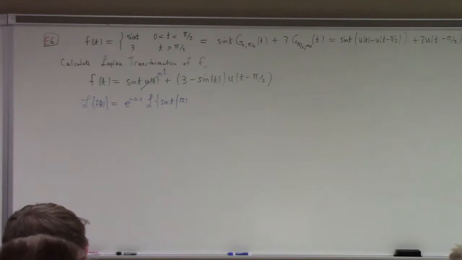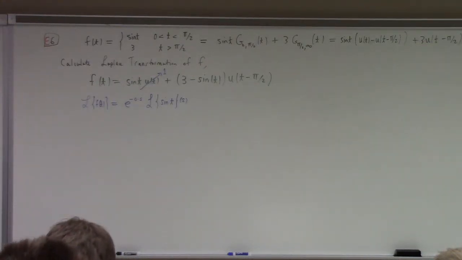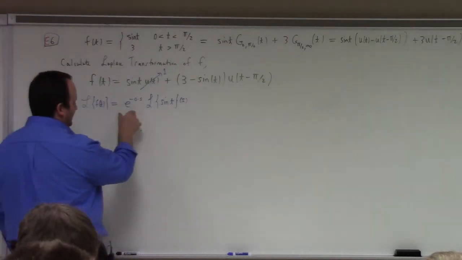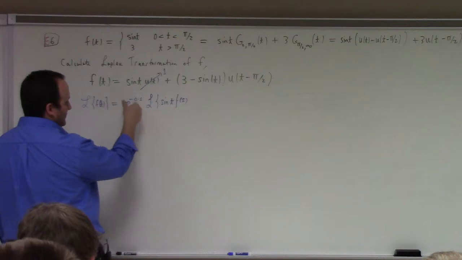What does u of t say? It says I'm 1 whenever t is non-negative. So that's always 1, and you can just drop it. That's reflected in the formula.